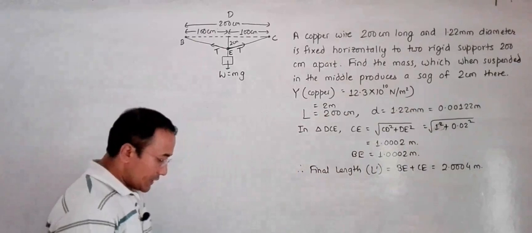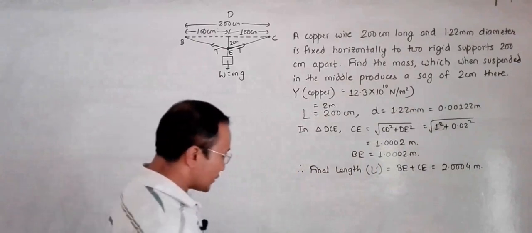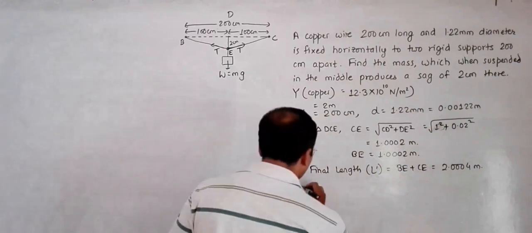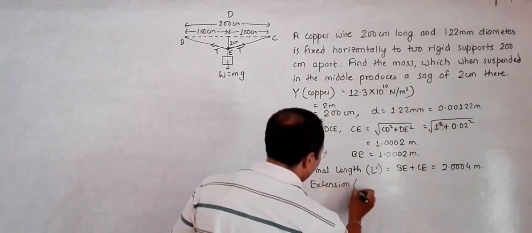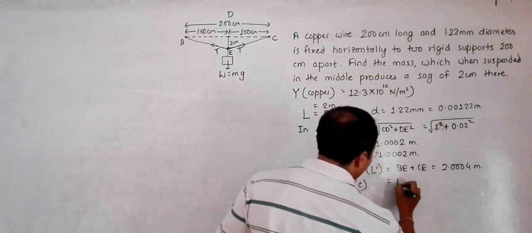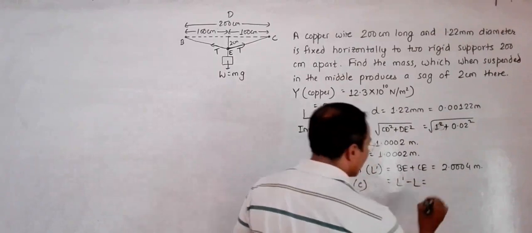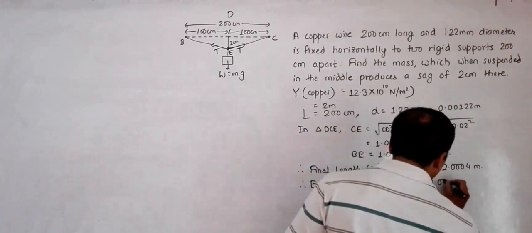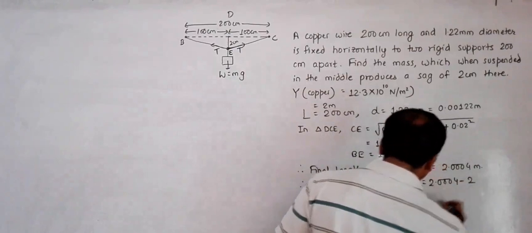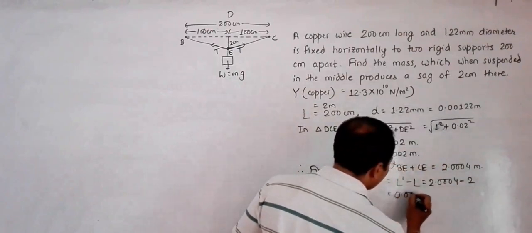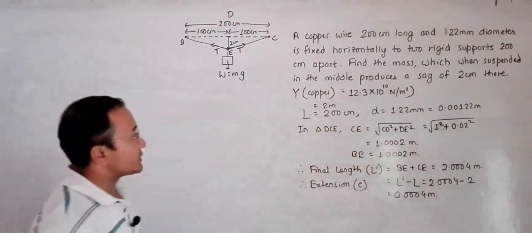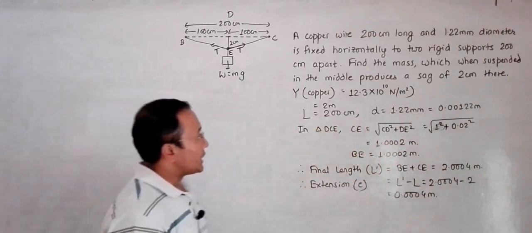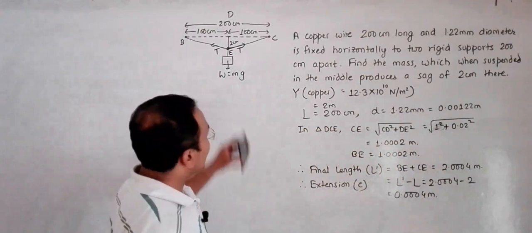Therefore the extension caused due to this phenomenon, which we call e, is equal to L final minus L, equal to 2.0004 minus 2, equal to 0.0004 meters. So this is the extension of this wire.